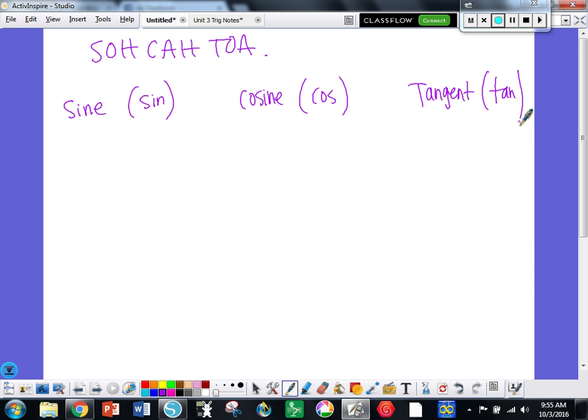Now the S in the SOHCAHTOA, the C in the SOHCAHTOA, and the T in the SOHCAHTOA stand for sine, cosine, and tangent.